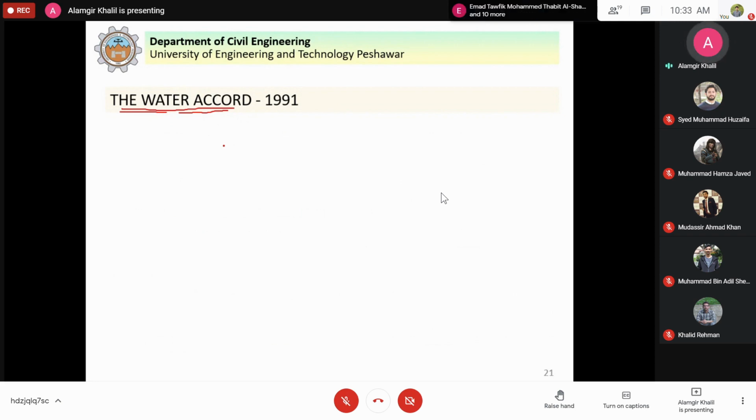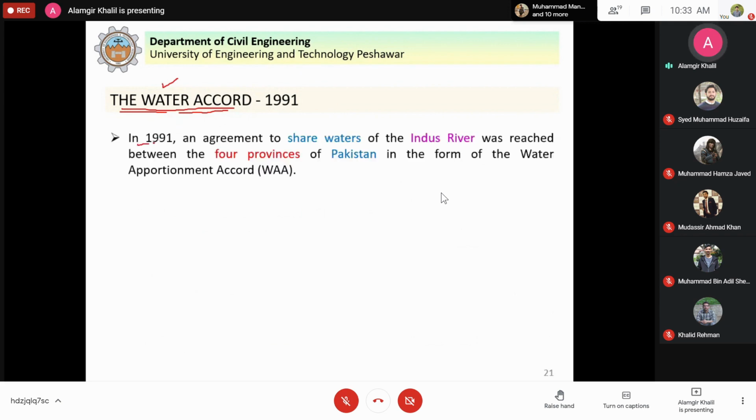So in order to share the water between the 4 provinces of Pakistan, in 1991, the 4 provinces agreed on what is known as the Water Accord. In 1991, an agreement to share waters of the Indus River was reached between the 4 provinces of Pakistan in the form of the Water Apportionment Accord.